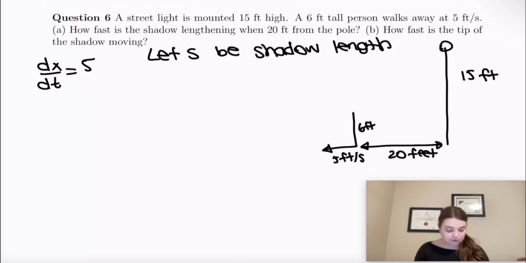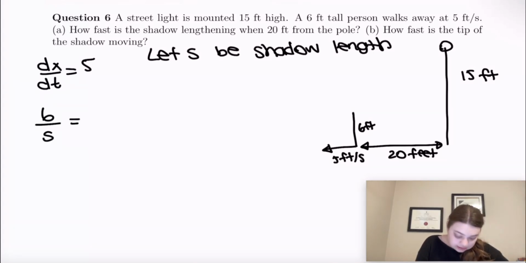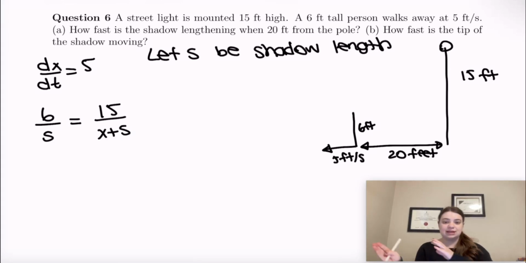The first thing we need to do is set up a relationship using similar triangles. The height of the person is 6, and the height of the person over the length of the shadow is equal to the height of the pole over x plus s, the distance that they've walked away plus the length of the shadow.